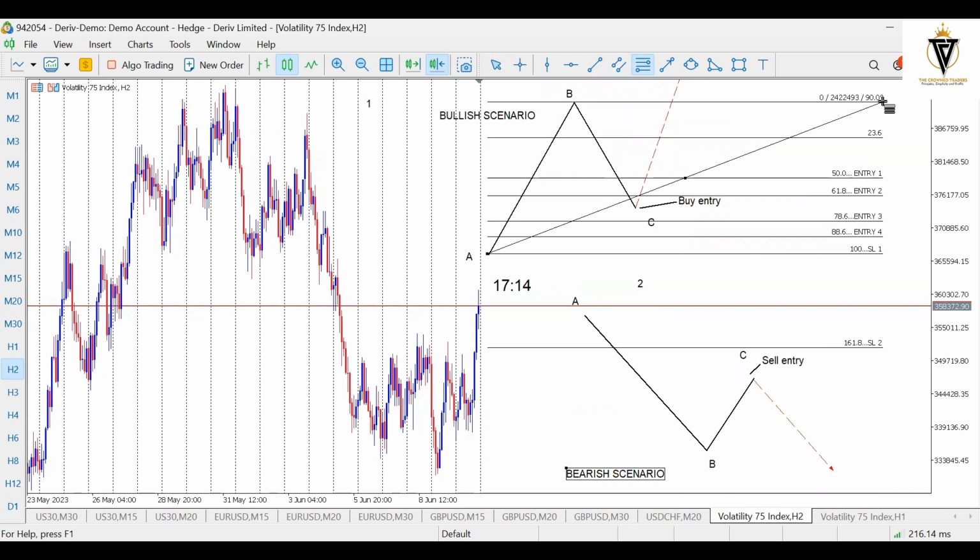Your 100 will be in point A, your 0 will be in point B, like this.